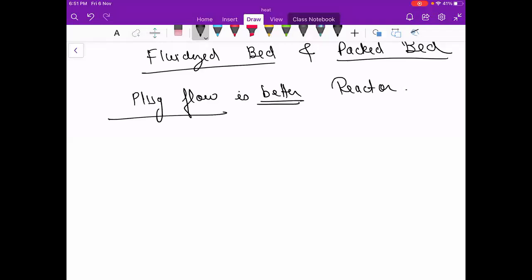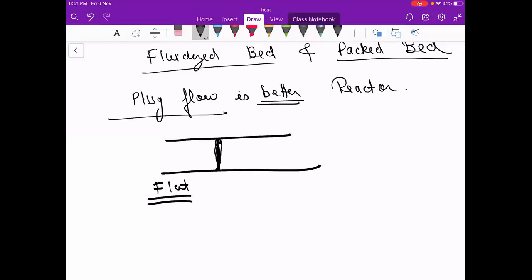So for plug flow, you have seen that the velocity should be flat. Okay, so in that there should be a no slip boundary condition. No slip boundary condition is done in your fluid mechanics. Okay, if it is done, then it is good. Okay, so no slip boundary condition basically means the fluid velocity equals zero at the boundary.